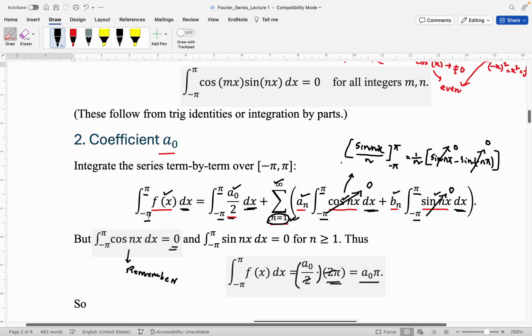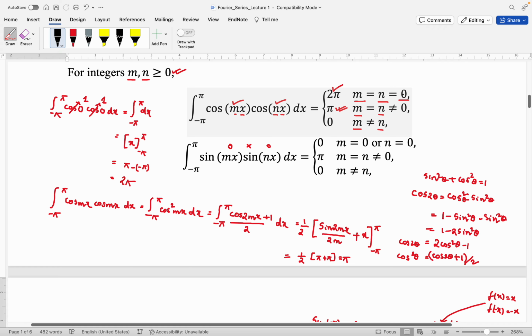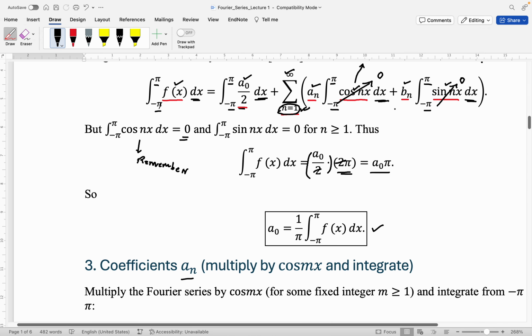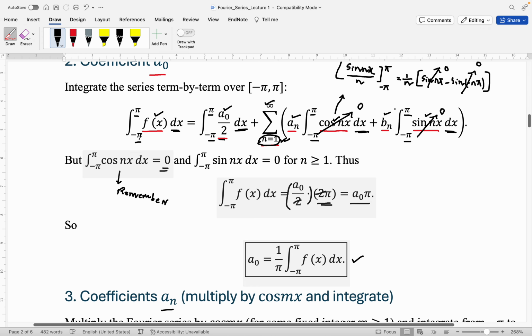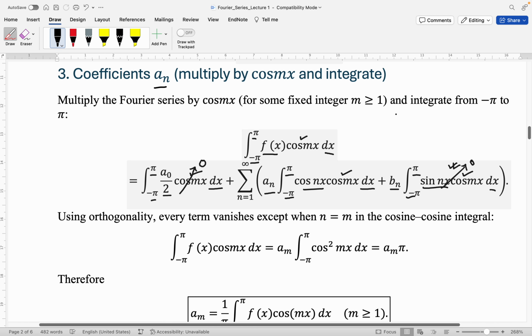Second condition, m not equal to n cannot be there, because this is for 0. That means the only condition I am left with is m is equal to n and not equal to 0. So the only condition is that m and n are equal, and they are not equal to 0.